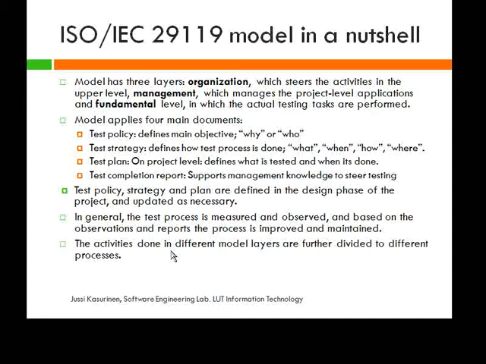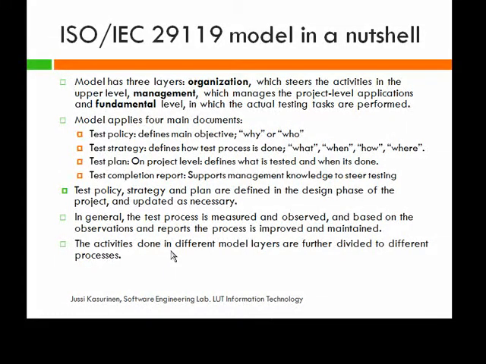Basically, there's 4 things that need to be defined. A test policy, which says what's the main objective of testing, why the testing is done and who does it. The test strategy goes into more details, but it's basically a framework which tells how the testing should be done. What should be tested, when should it be tested, how it should be tested, and where it should be tested.